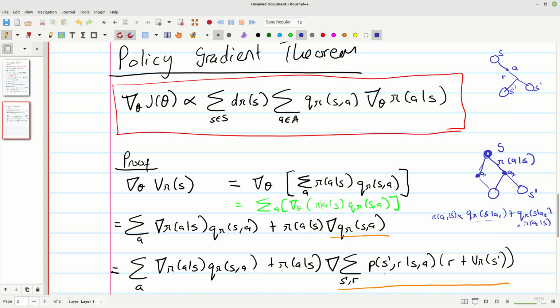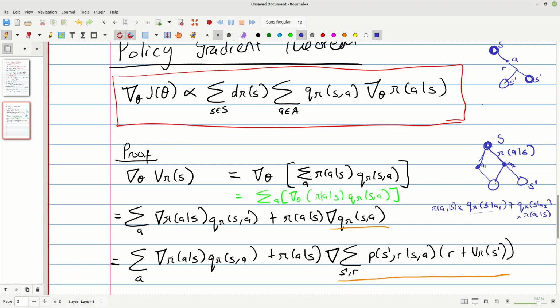So this is where this probability is coming from, whether we end up in this state or in that state, times the reward we get along the way, times the value v pi of s prime. So the value of this state is equal to the reward we get plus the value of that state. That's essentially what this is. And it's just multiplying each state by the corresponding probabilities.